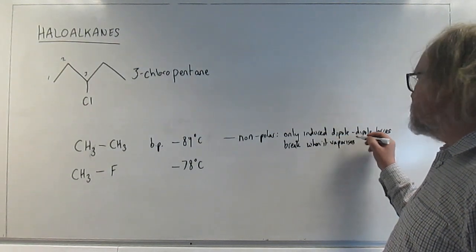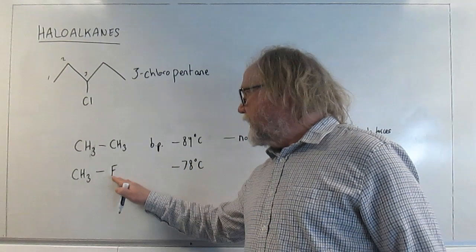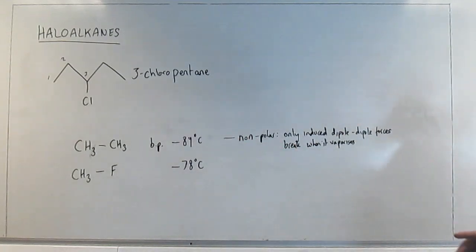So that's what we would say for hydrocarbons, that they're essentially non-polar because carbon and hydrogen have very similar electronegativity. They're essentially non-polar molecules, and therefore all that happens when you melt them or vaporize them is that you break these induced dipole-dipole forces that all molecules have between one molecule and another. However, the halogens are all more electronegative than carbon, fluorine especially so.